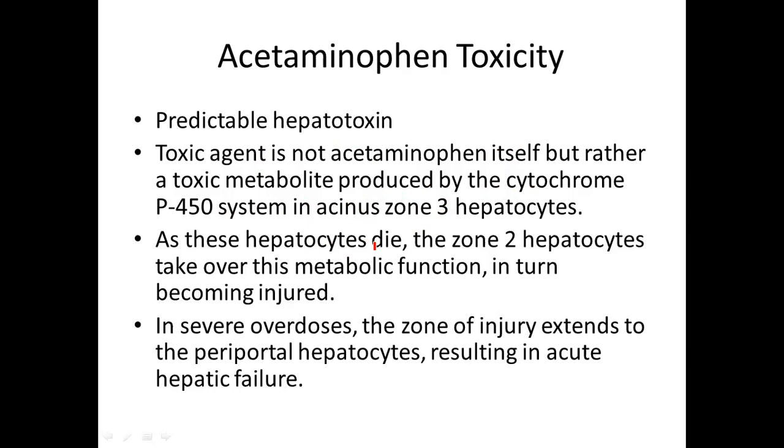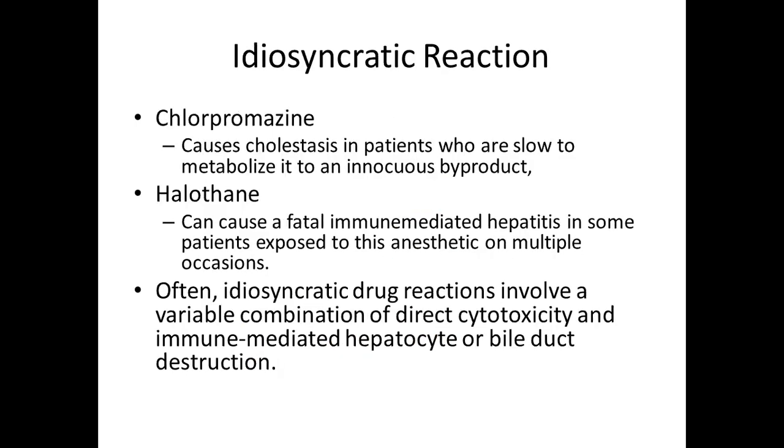As these hepatocytes die, the zone 2 hepatocytes take over this metabolic function and in turn become injured, with death of hepatocytes, necrosis, inflammation and subsequent fibrosis. It starts from zone 3 going to zone 2, and when it involves zone 1, that means the whole liver is injured. In severe overdoses, the zone of injury extends to the periportal hepatocytes, resulting in acute hepatic failure.